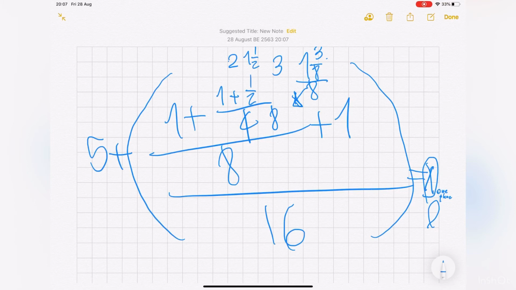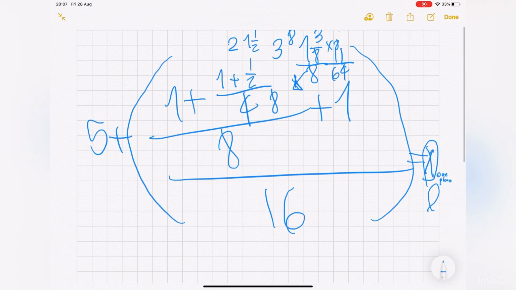Now 8 times 8 is equal to 64. This will be an 8 and this will be, okay, it will be 3, making it simplify as 11 divided by 64 divided by 16.